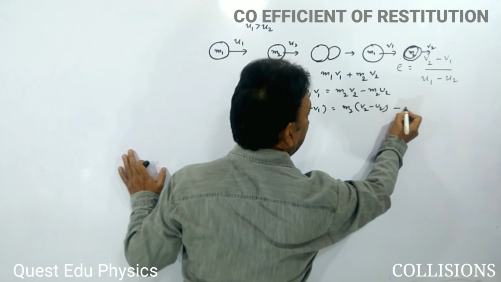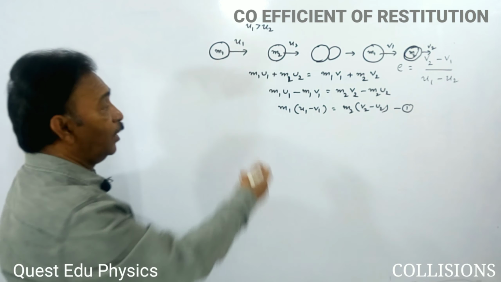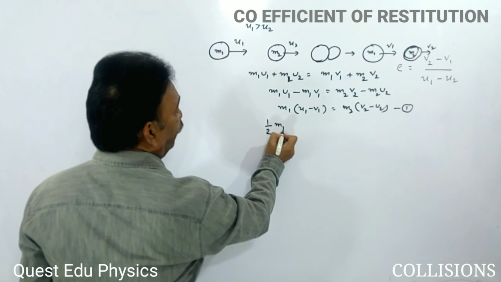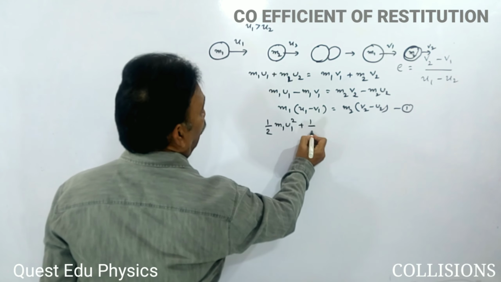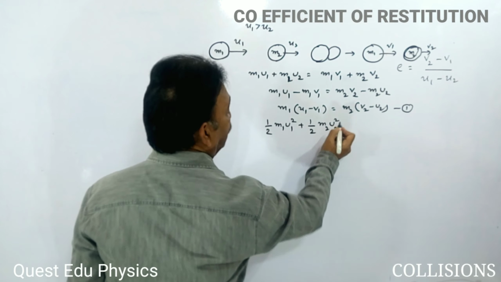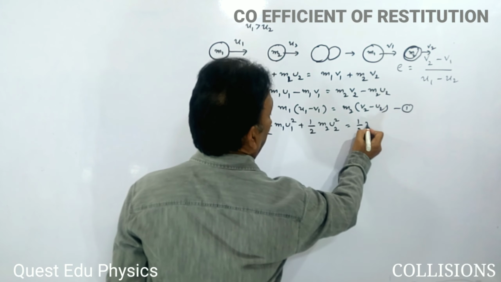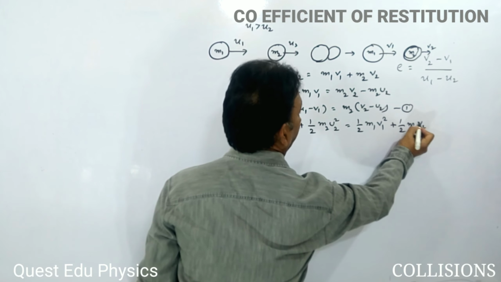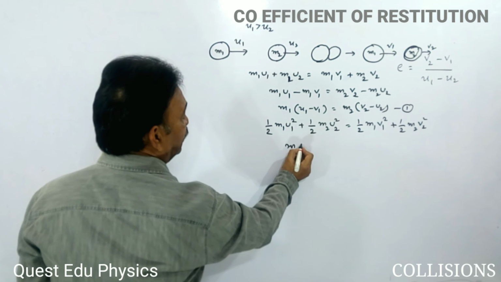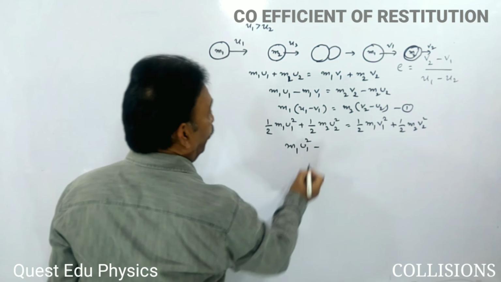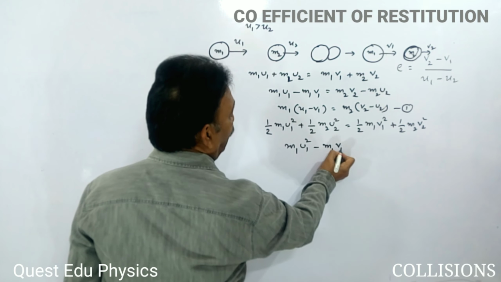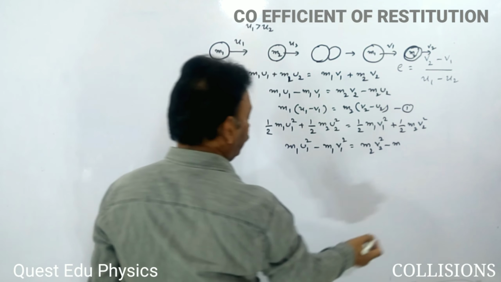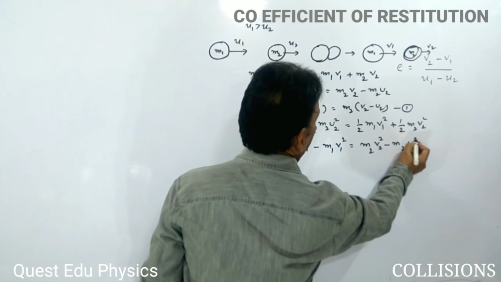We call this equation 1, and we apply the same thing for the energies. Initial kinetic energy: half m1 u1 square plus half m2 u2 square is equal to half m1 v1 square plus half m2 v2 square. It can also be written as m1 u1 square minus m1 v1 square is equal to m2 v2 square minus m2 u2 square.